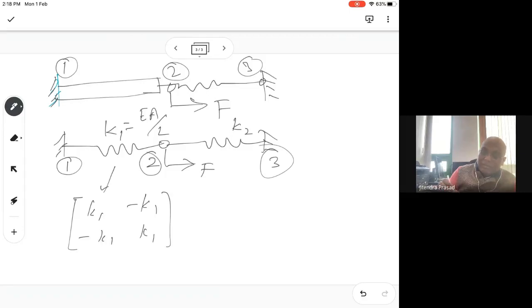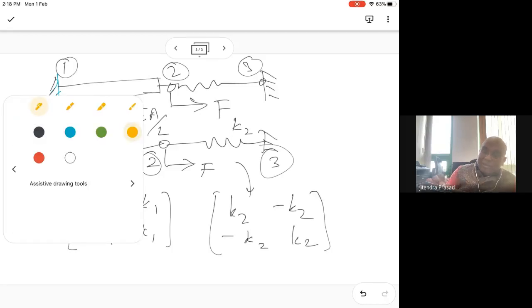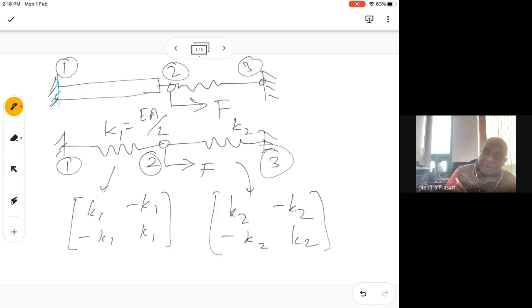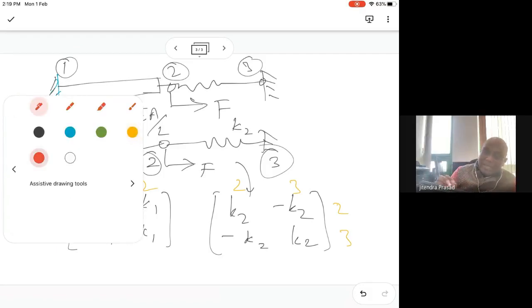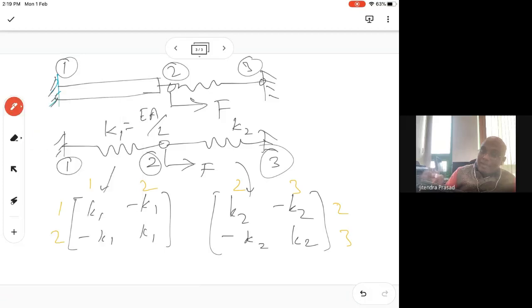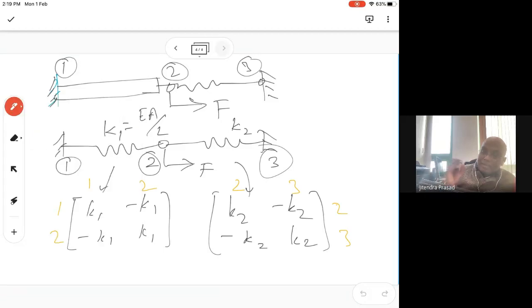For the second you get K2, minus K2, minus K2, K2. Now you have to see the degrees of freedom: here you have 1 and 2, and here you will have 2 and 3. So let's go to the next page to see what K you get.